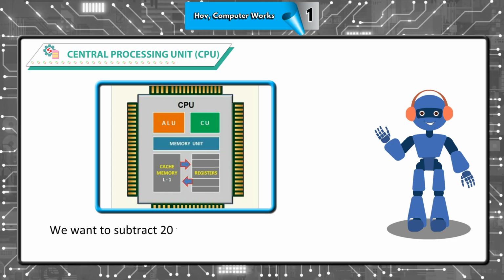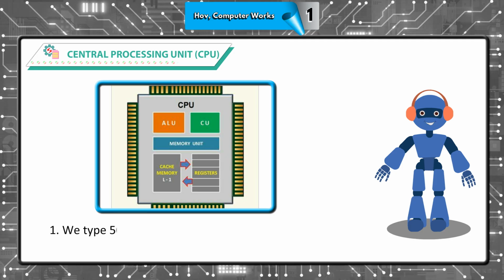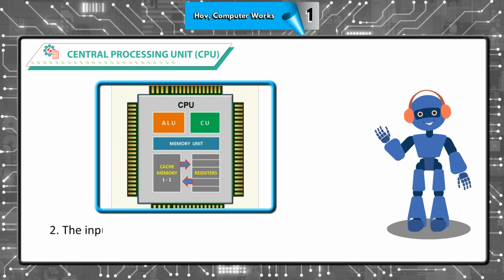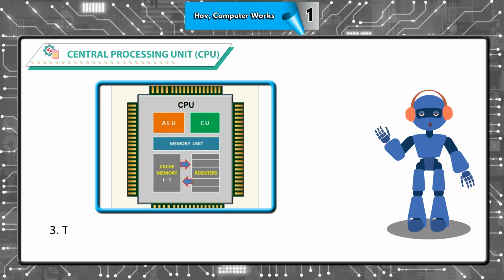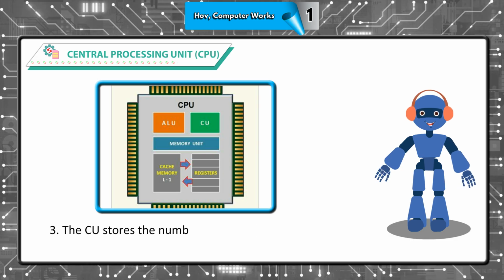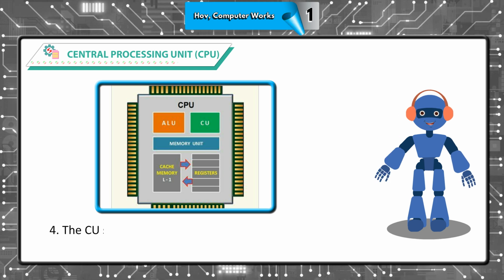Let us understand the IPO cycle and how the CPU works with an example. We want to subtract 20 from 50 and display the result. 1. We type 50 minus 20 using the keyboard. This is input. 2. The input comes to the control unit, CU. 3. The CU stores the numbers 50, 20 and the minus operator in the memory unit. 4.